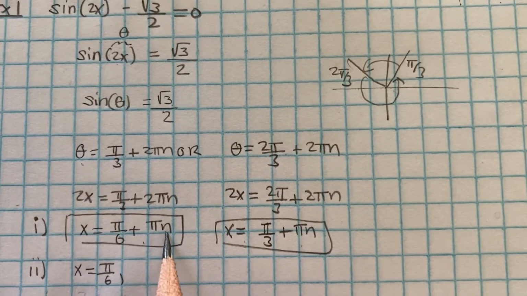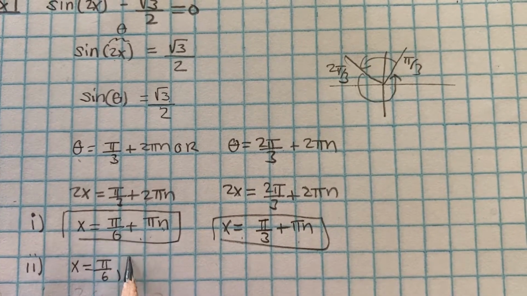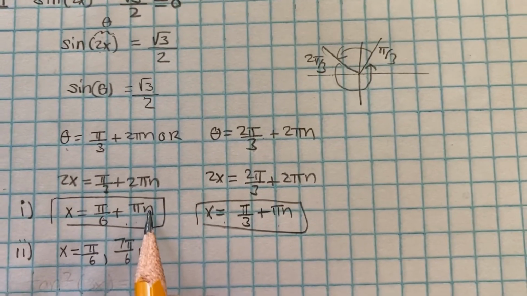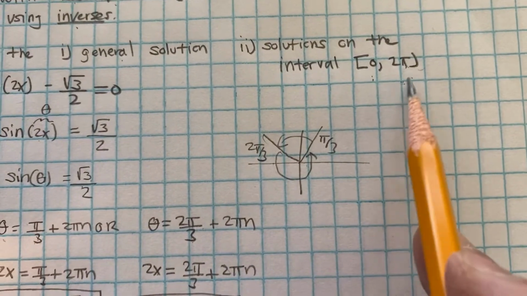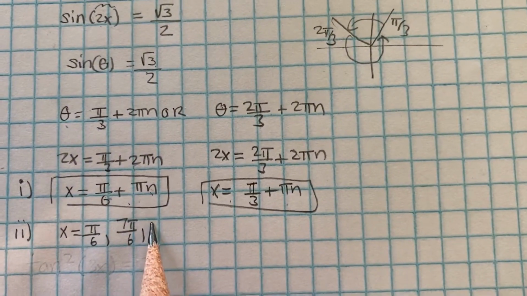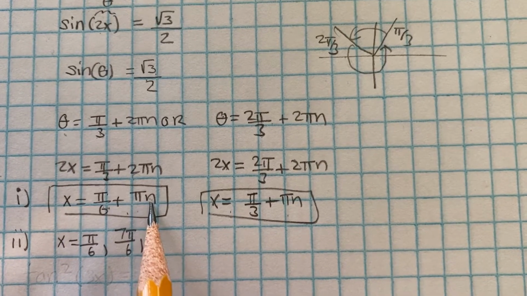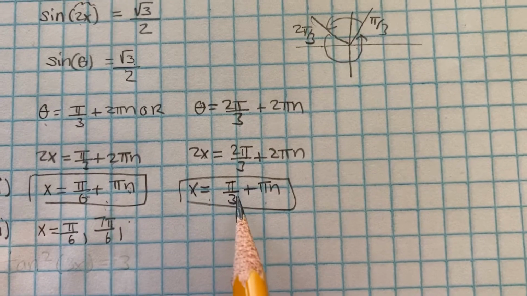If you plug in n is equal to 1, you're going to have 6 pi over 6 plus pi over 6, which is 7 pi over 6. If you plug in n is equal to 2, 2 pi plus pi over 6, that's going to fall outside of this interval. So n is equal to 2 is not going to work. Likewise, if you started with -1, it's also going to be outside this interval. So we're done here.